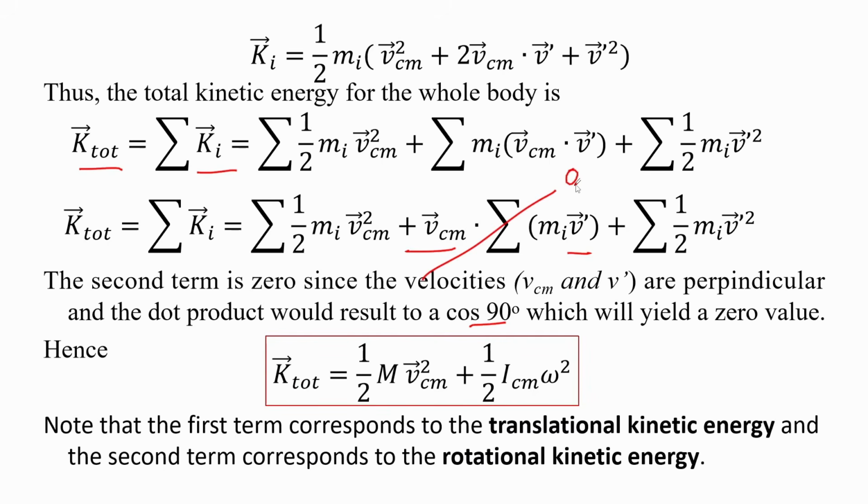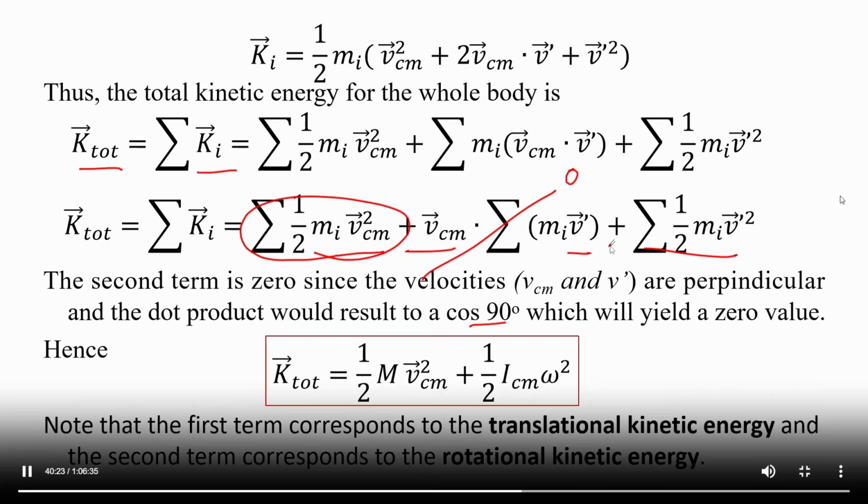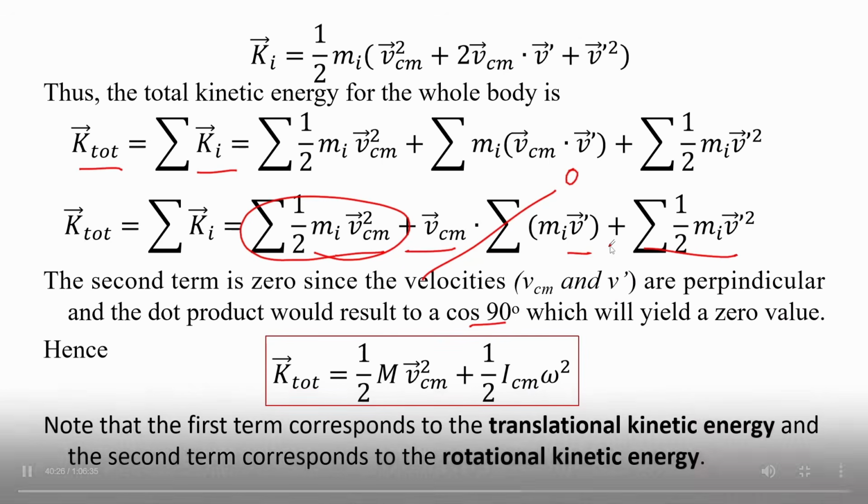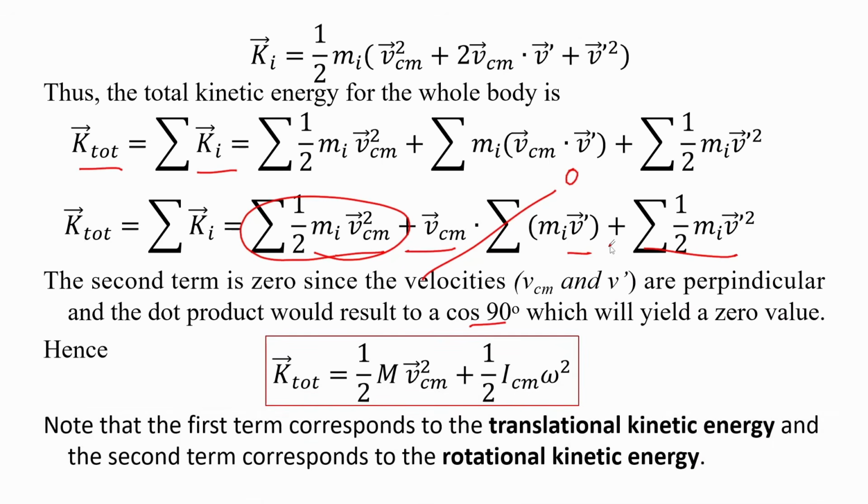This becomes 0. So you have the total kinetic energy as the sum of the VCM, the translational part, and 1/2 mi VI squared. And this one can be rewritten as the moment of inertia of the center of mass times the angular velocity squared.